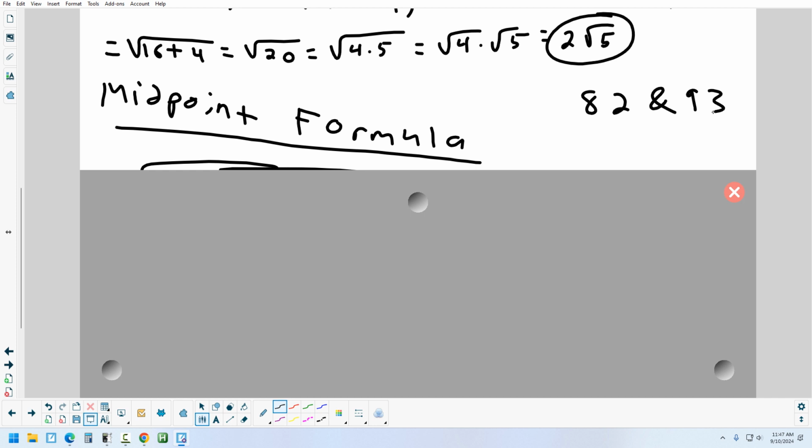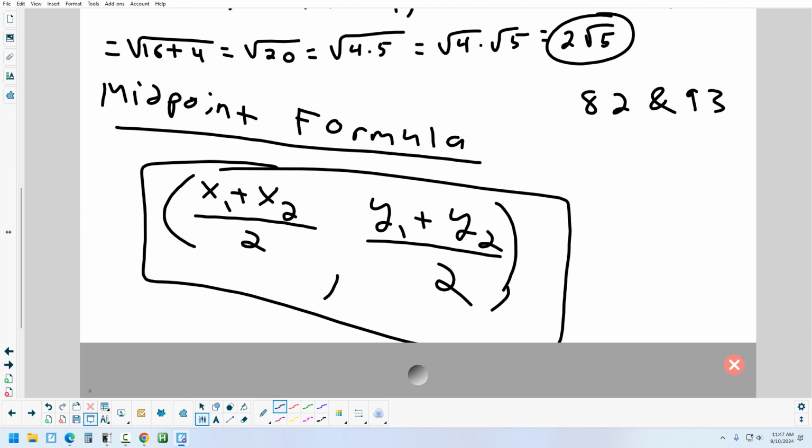That's the average. That's exactly what the midpoint formula is. You add two things together and you divide by 2. So the midpoint formula is the average of the x's, add them up and divide by 2. And it's the average of the y's, add them up and divide by 2.